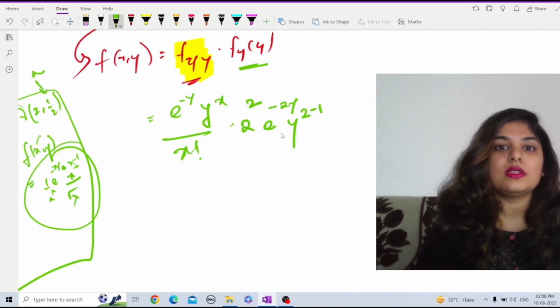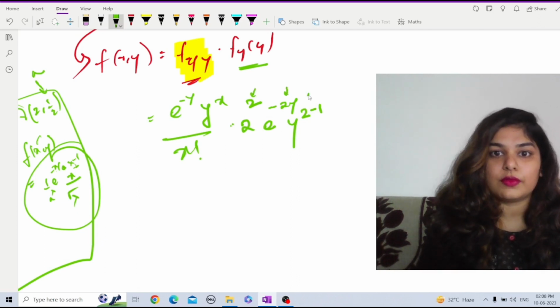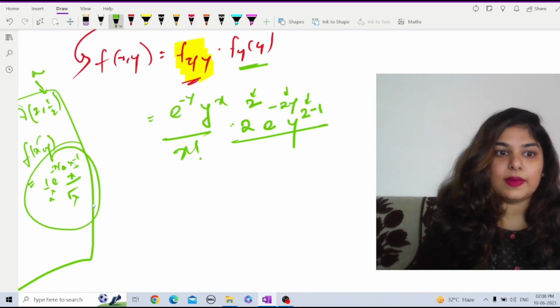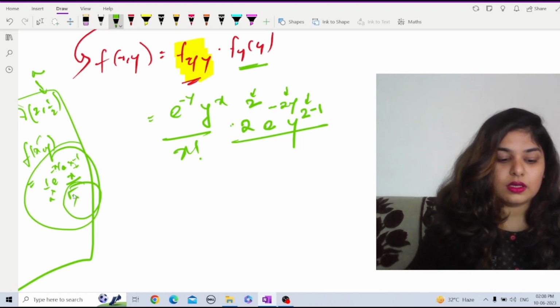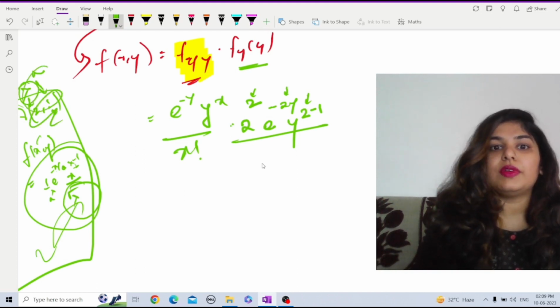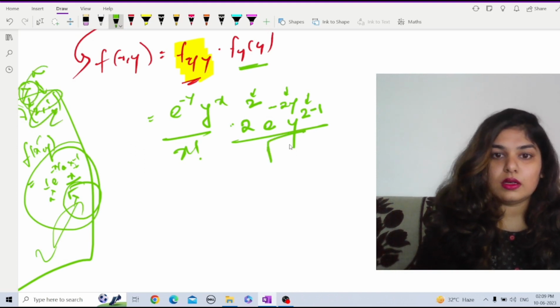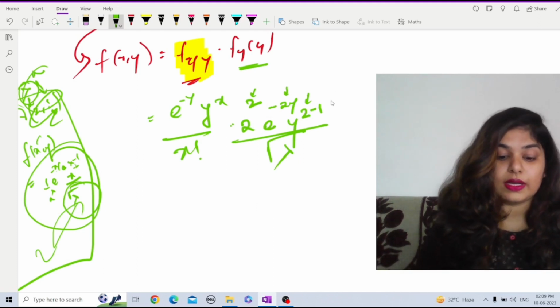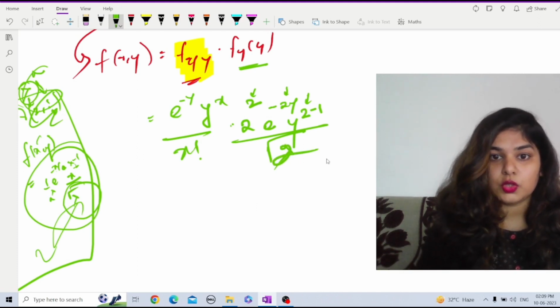We can substitute these values here. Now this is divided by gamma of the parameter, which is 2, so we write gamma 2.